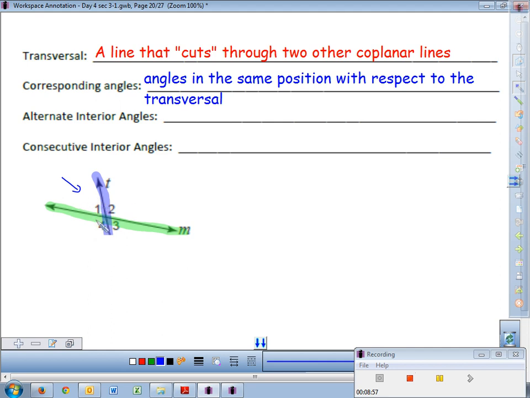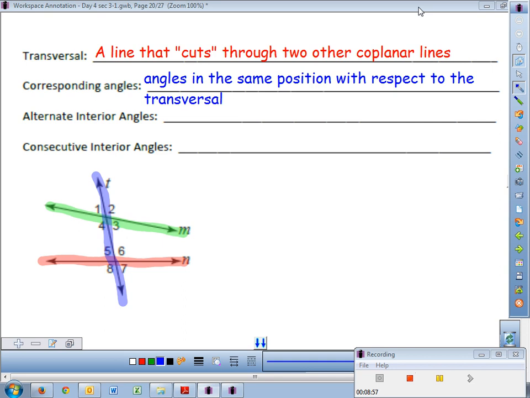It is also above the green line that belongs in its house, right? So angle 1 is to the left and above. We just want to go downstairs here and figure out which angle is also to the left of the transversal but above its line, and that would be angle 5. Angle 5 and angle 1 are what we call corresponding angles.